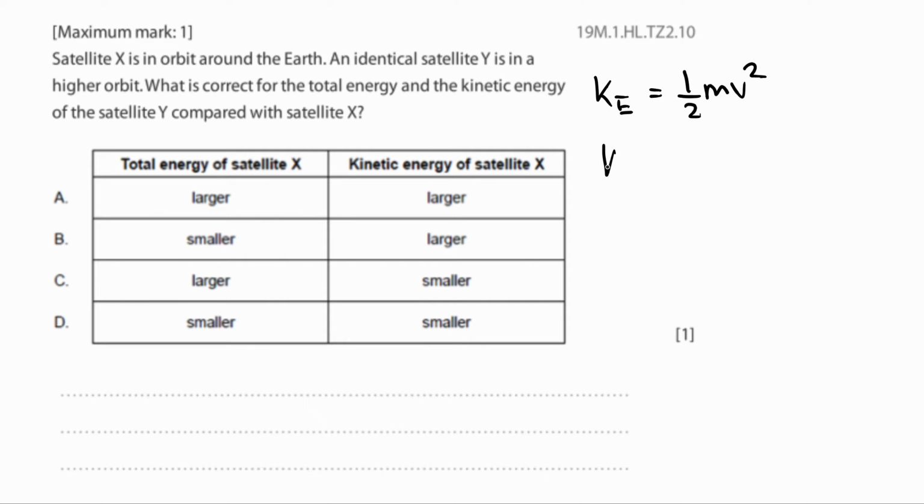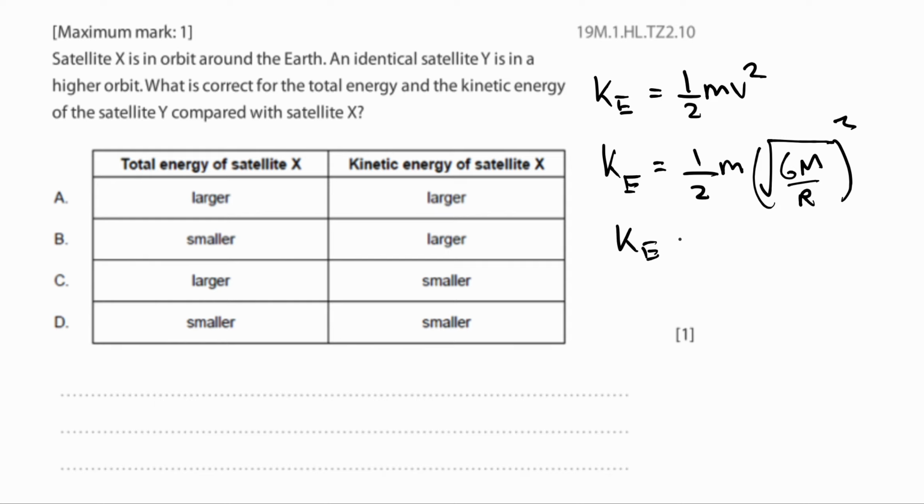So we can rewrite the same kinetic energy in terms of half m times root of GM over r, the whole squared. Again, if you rewrite this, kinetic energy is nothing but GMm over 2r. That's your kinetic energy.